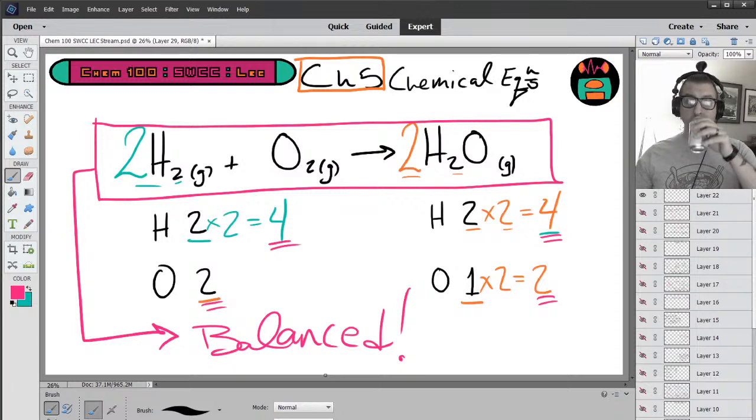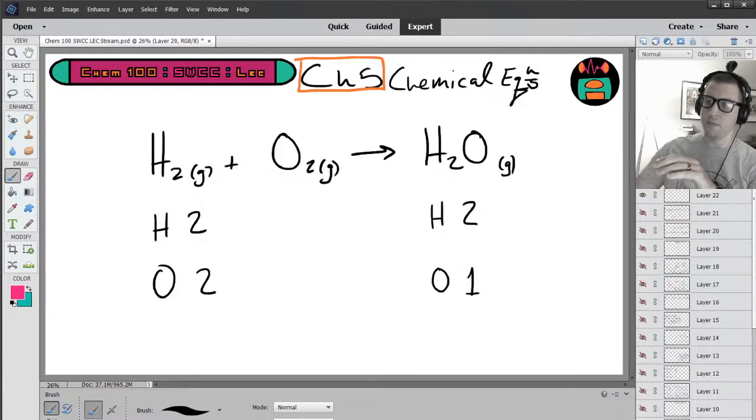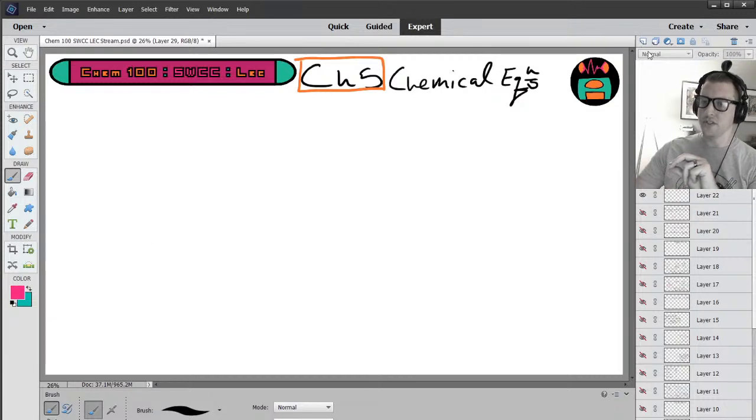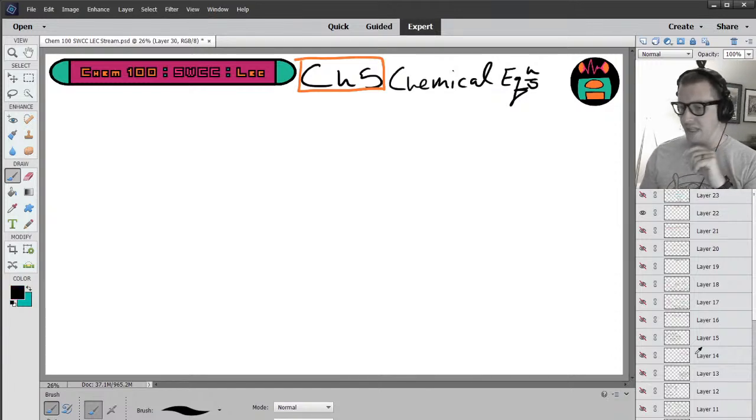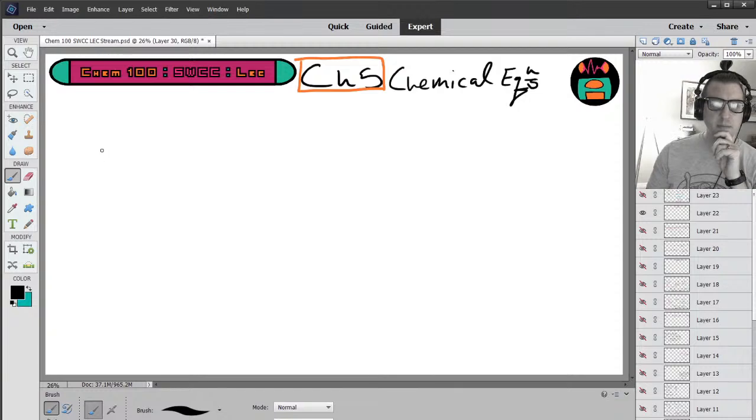All right? Let's do a couple more. We'll have a lot more practice balancing chemical equations on Tuesday, but we're going to knock out a few more examples before, or maybe one more. Let's balance the following chemical equation.